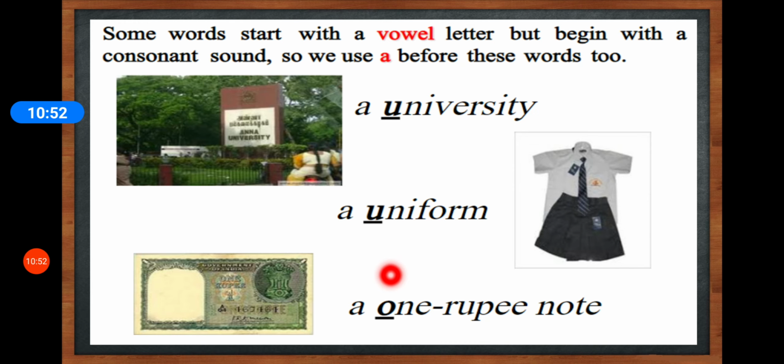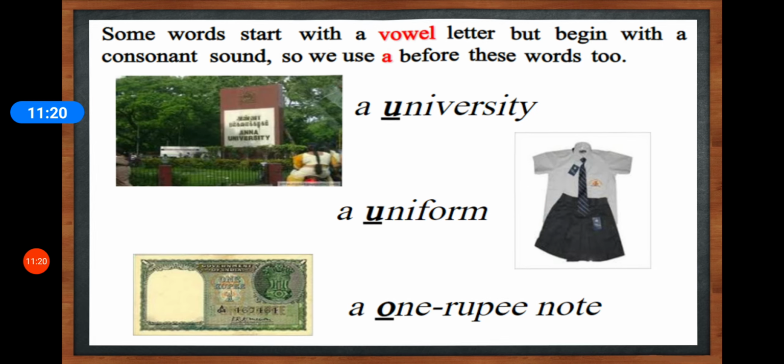One. W. The sound of W. 1 rupee note, as in won. So that is the reason, W is a consonant sound. So that is the reason a 1 rupee note. Again, it starts with the article a. Right, children? Hope it is clear to you. Keep it in your mind.